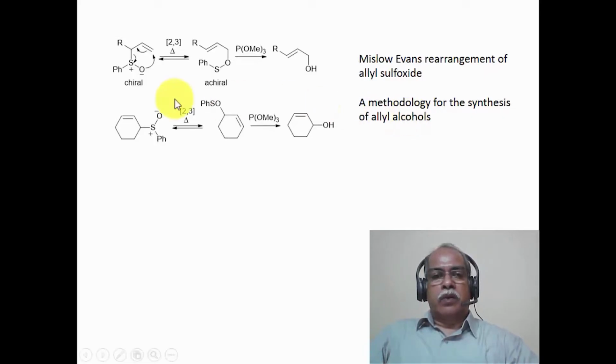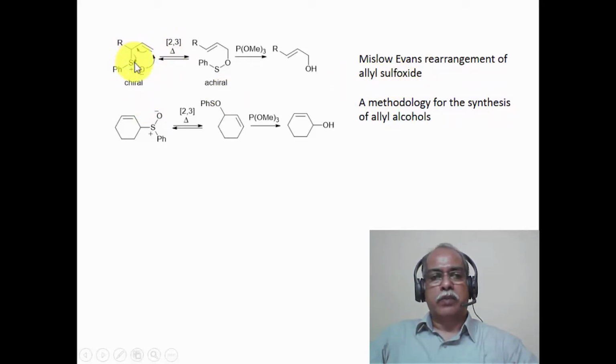Sulfoxides also undergo 2,3 sigmatropic rearrangement provided they are allyl sulfoxides. Here is an example of an allyl sulfoxide undergoing a 2,3 sigmatropic rearrangement. The allyl sulfoxide undergoes 2,3 sigmatropic rearrangement at a much lower temperature compared to the allyl sulfur ylide derivative. This is known as the Mislow-Evans rearrangement of allyl sulfoxides. You can see here the allyl sulfoxide undergoes 2,3 rearrangement.